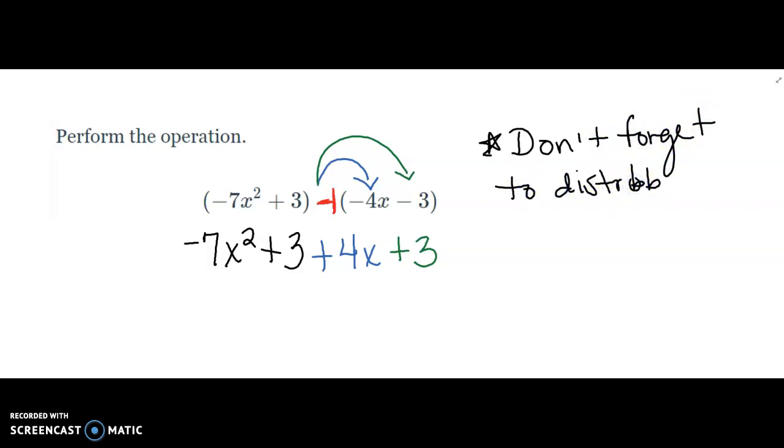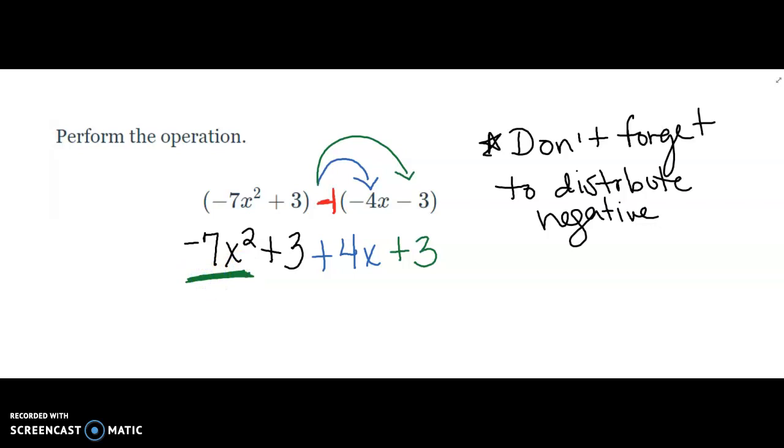Oops, I spelled that wrong. Negative. All right. So we're not going to forget to distribute that negative. And then we can combine our like terms. So again, we want to start with the highest exponent first because that's just mathematically pleasing, I guess.